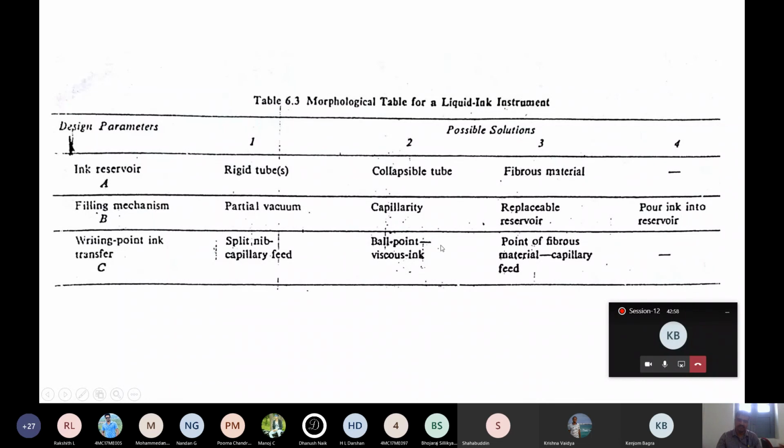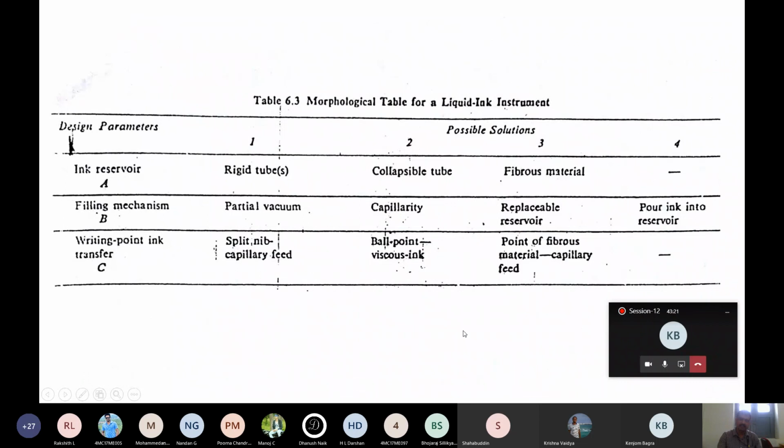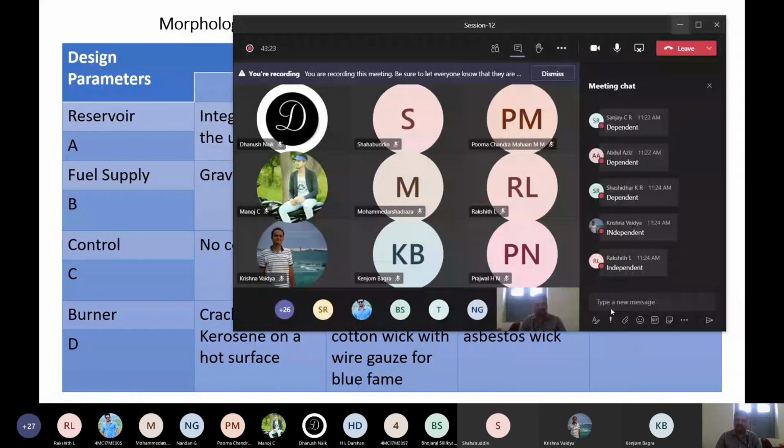These are the possible solutions. Based on whether they are dependent or independent, we are going to develop a compatibility matrix like this, where 1 denotes compatible and 0 denotes incompatible combination. So this I will continue in next class.